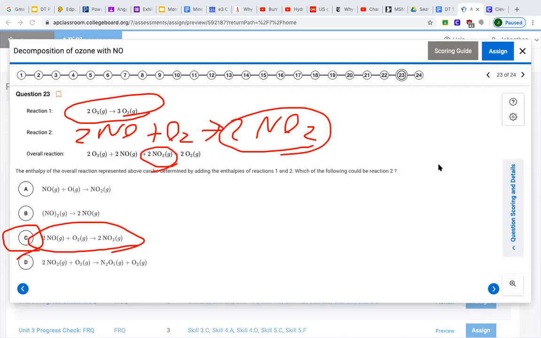And you initially didn't have your 2NO, so the 2NO get added. And here's the fun thing: you had 2O3 turning into 2 O2s. So you have to cancel out one of these O2s on the right side, and this allows you to do that. That cancels, and then you get a 2 there. And so that's how that works.